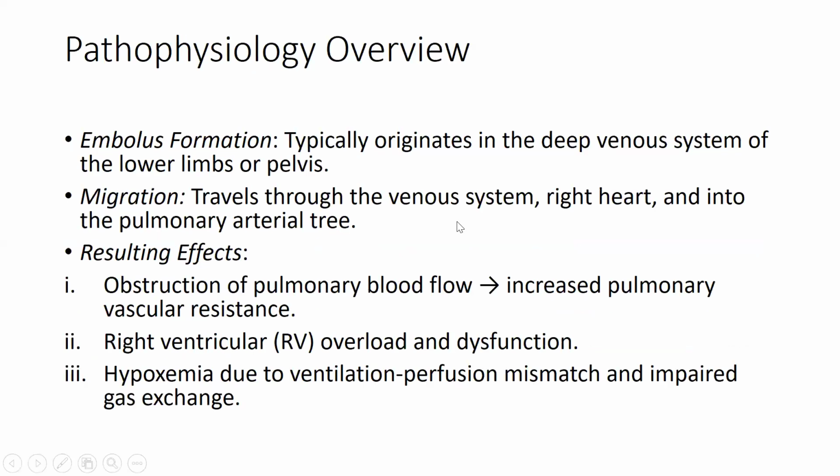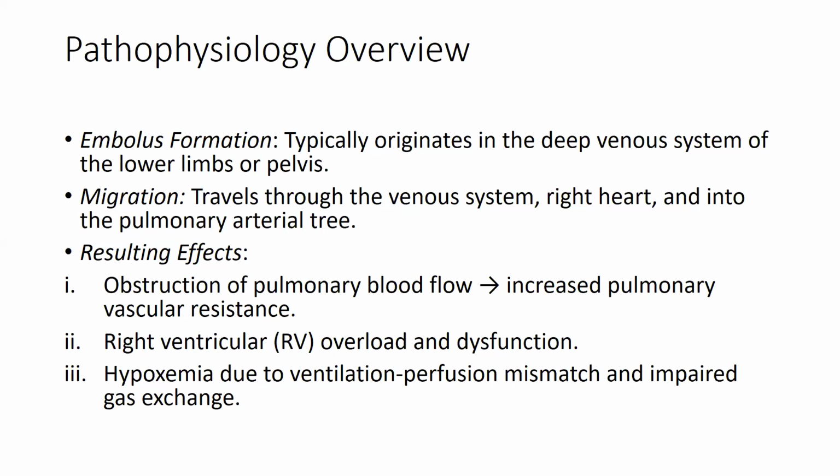All right, so let's look at the overview of the pathophysiology. The first thing is thrombus formation. When this thrombus forms in the deep vein system of the lower limbs or even in the pelvis, it embolizes into the venous system, travels through the right heart, and to the pulmonary artery.